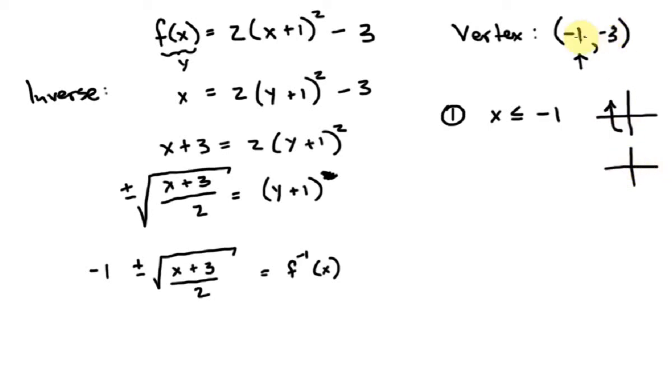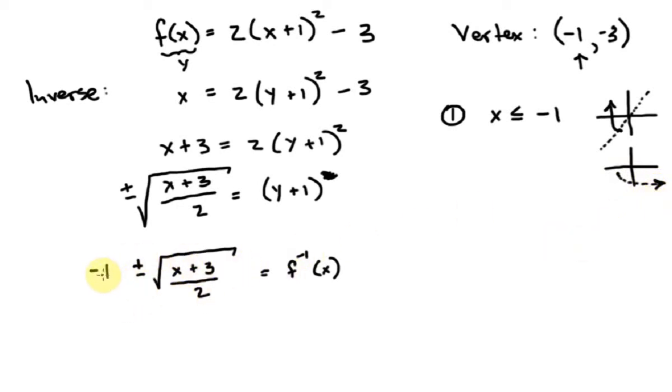So I'll flip the -1, -3, so I want to be at -3, -1, so it starts over here. And it's going to be the part that goes below, so it's doing this. So we use the dotted graph. So there is my inverse. Okay, so again, if you reflected the original function across the line y equals x, you would get this graph over here. So now I got to decide which of these inverses it is.